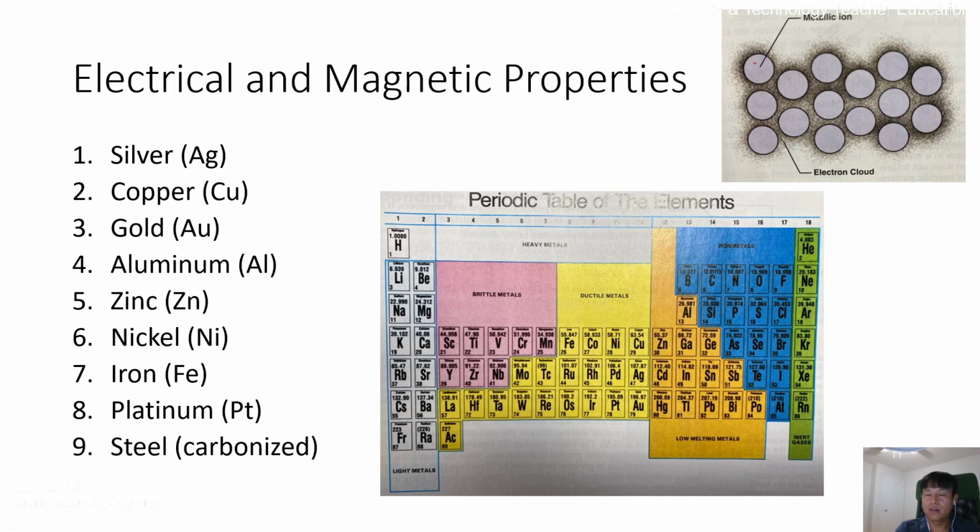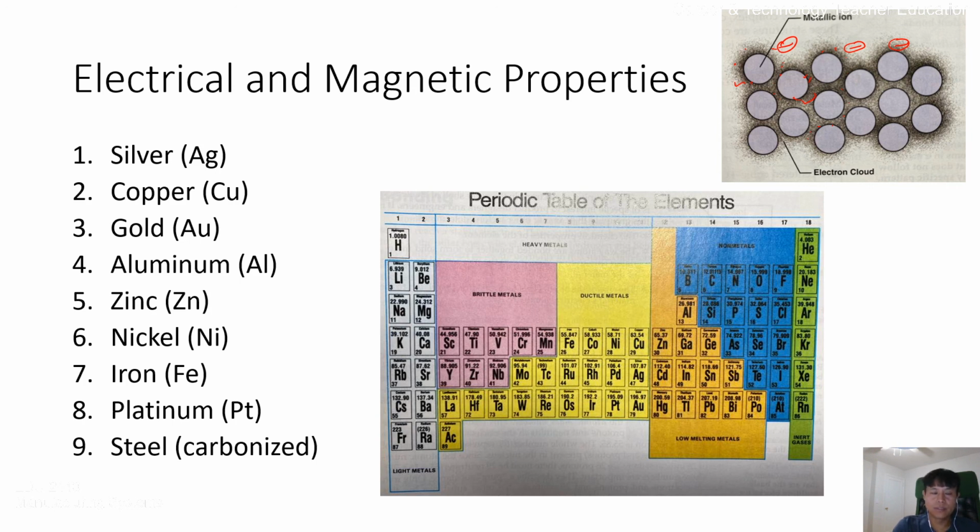Metal has a lot of electrons around its atoms. These black dots are electrons. Lots of electrons, and the electrons help transfer electricity.